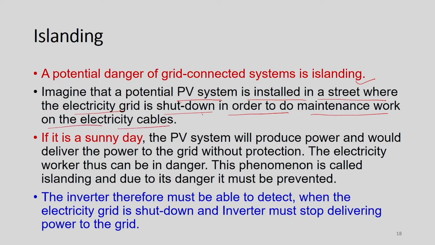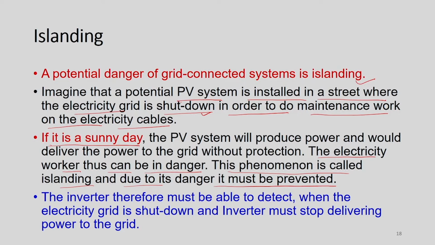That has to be shut down because no maintenance work can be carried out on live cables. If it is a sunny day and solar radiation is received by the PV modules, the PV system will produce power and deliver it to the grid without protection. The electricity worker can thus be in danger. This phenomenon is called islanding, and due to its danger it must be prevented.